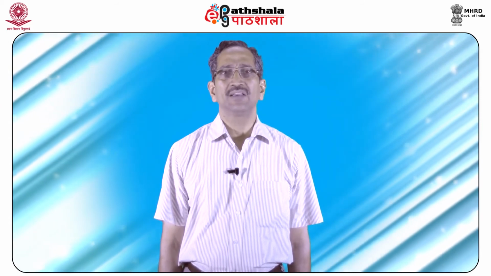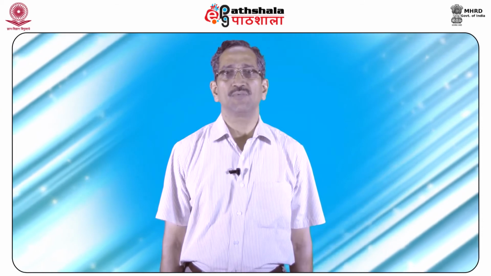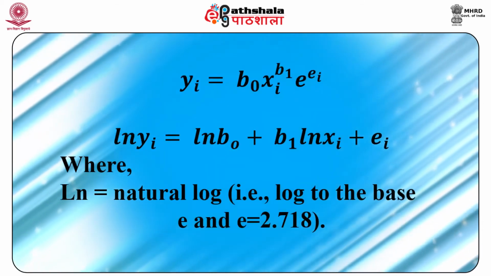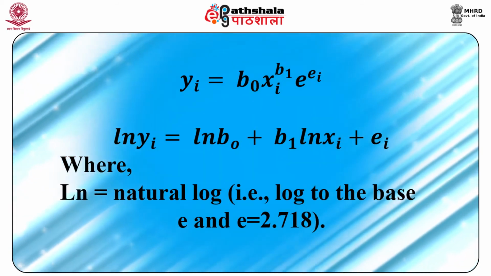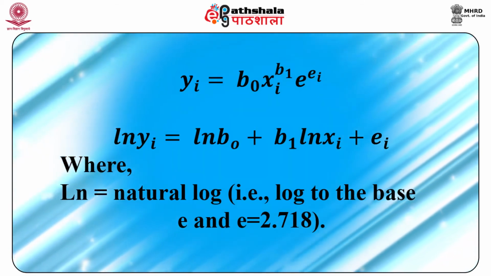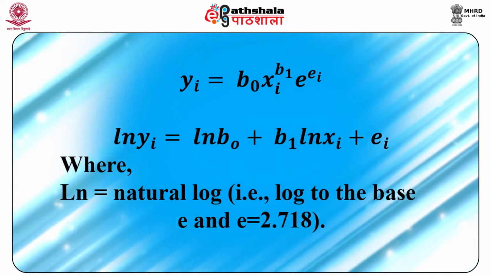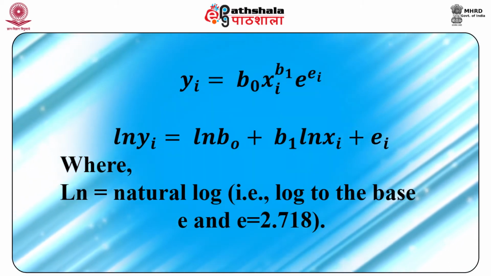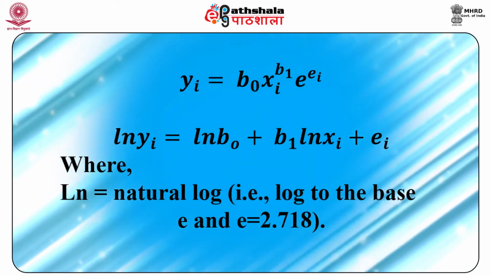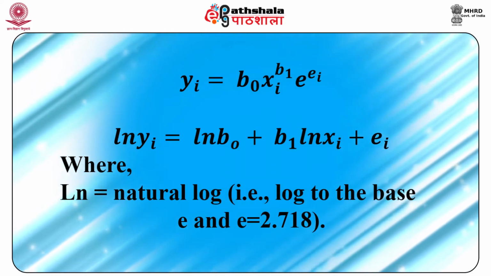In the log-log model, let me repeat again, the model is used mainly in production functions or demand functions, and we can have an exponential regression model which is expressed as yi is equal to b0 into xi raised to power b1 into e raised to power ei.